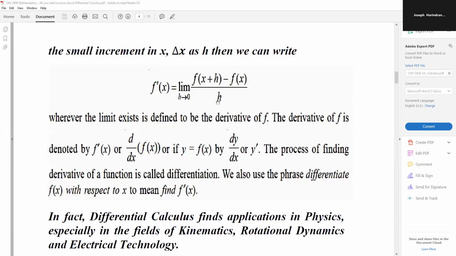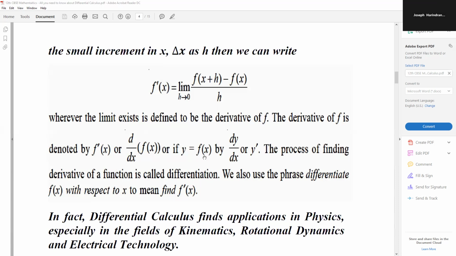This is the definition of a derivative from first principles. Wherever the limit exists is defined to be the derivative of f, which is denoted by f dash of x, or d by dx of f of x.